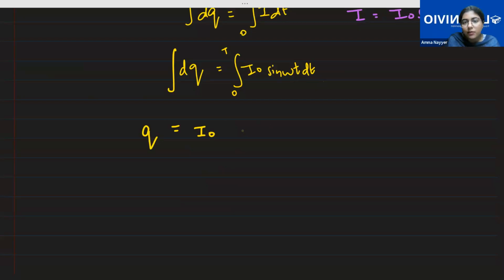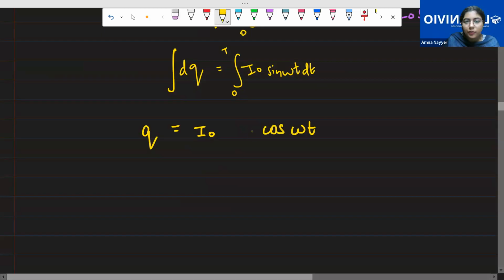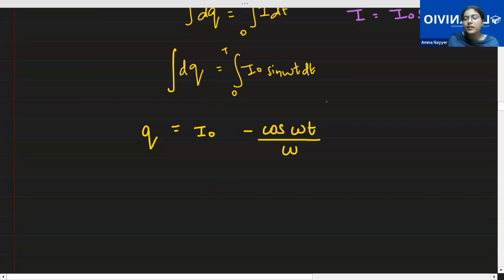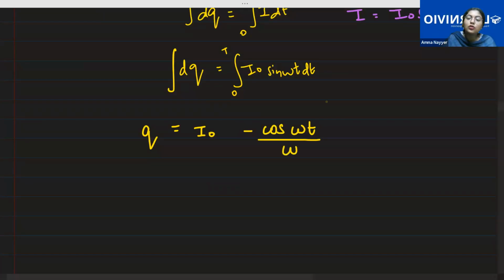So this will make minus cos omega t. Second point is that omega in the case of integration gets divided. Minus cos omega t by omega whenever you integrate. If it was differentiation, this omega would have been multiplied. But the constant divides on integration.